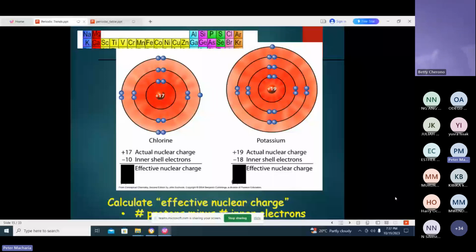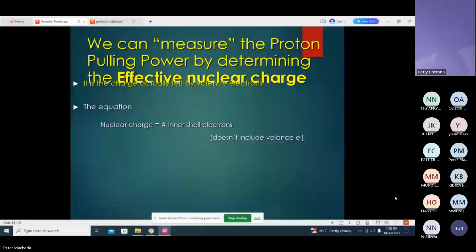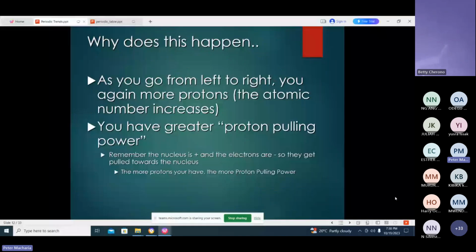And although you increase the electrons, you increase the repulsion of electrons, the net repulsion for electrons that are in the same principal quantum level is small compared to the net attraction of the nucleus. So basically, when you are moving across the period, you have greater proton pulling power as you move across the period.